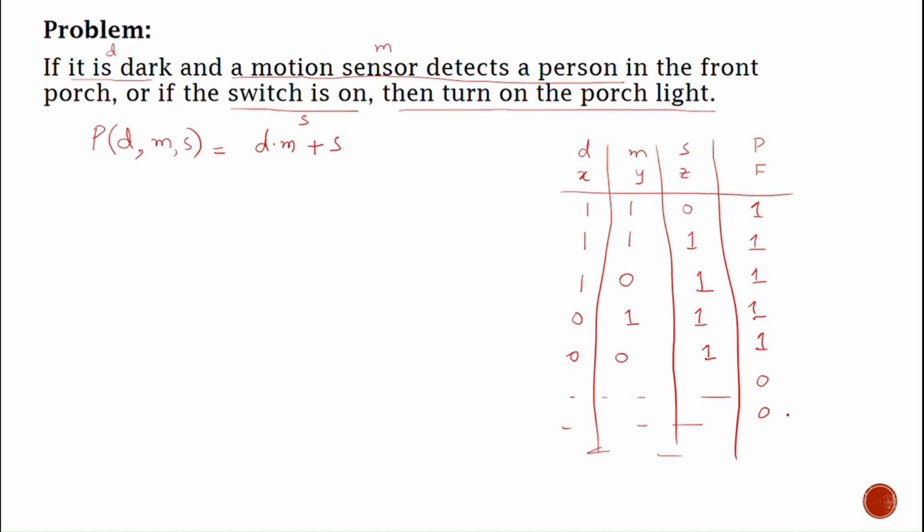So in these 5 rows, this function will give the output 1, and in the rest of the rows it will be output 0.